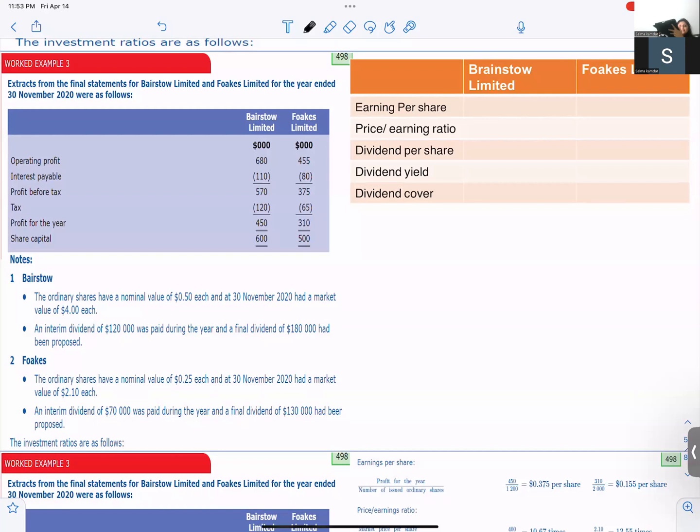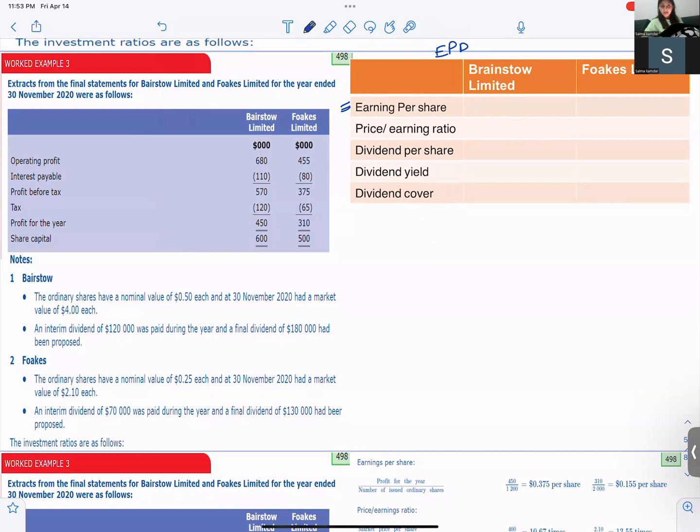Well, let us look at the sum where you have to calculate your investment ratios. So you will always calculate it in this order. It will be EPS, earning per share. Can you tell me what is the formula for earning per share?